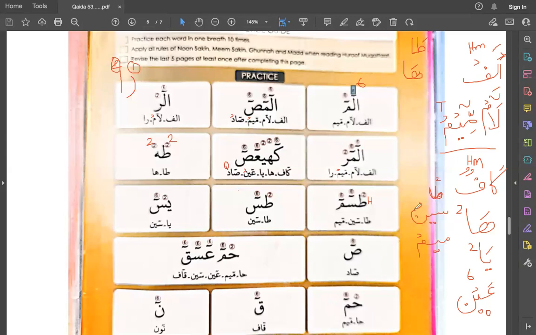After noon there is meem. Noon sakin, after noon sakin there is meem, so you are applying the rule of idgham. You are merging the sound of noon into meem. So listen how we will say it. Ya, this is two counts long. Seen. So seen will be six counts long.